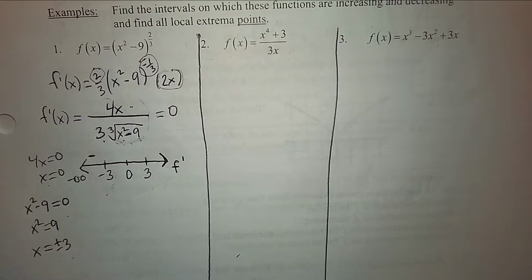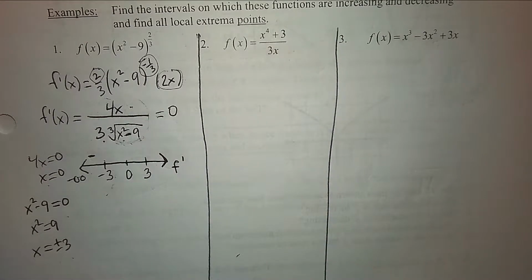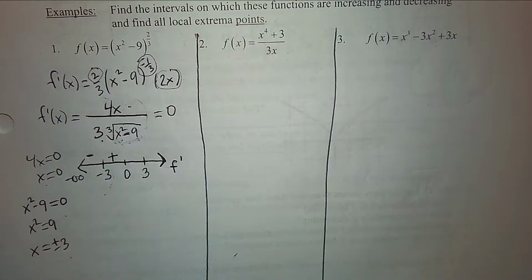And the cube root of a negative number stays negative. And a negative times 3 is going to be negative. It's a negative divided by a negative. So between negative 3 and 0, it's positive. What did we just find? Between x equals negative 3 and x equals 0 on the graph, that graph is increasing.